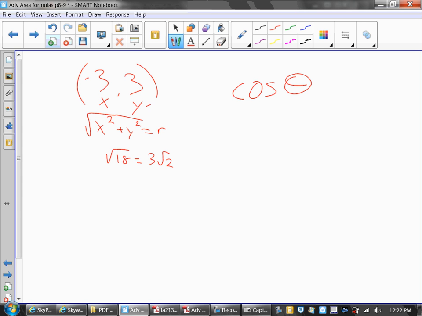Now, I can't say that the cosine of theta here is negative 3 because I'm not on the unit circle. Okay? I'm at a point with a terminal side. That means you can create the right triangle. So now you know what your r value is, and you know cosine is x over r.